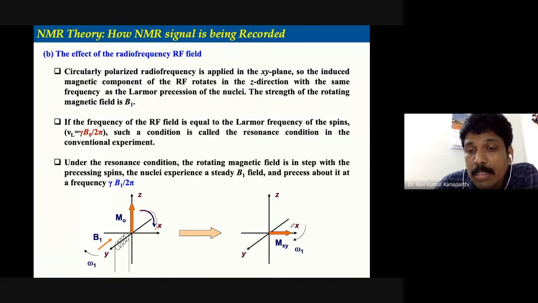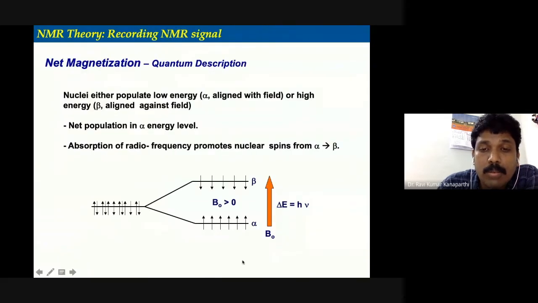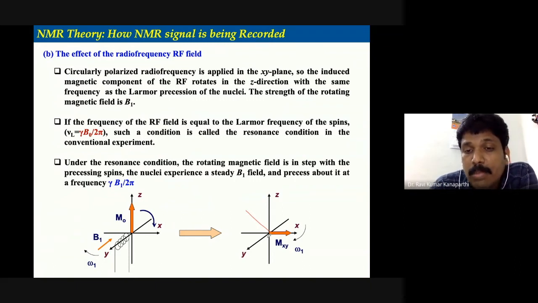Well, it is possible that you can also tip this net magnetization vector even along the minus z-axis, or even think of the 270 direction. So it depends on certain parameters, based on which the net magnetization vector can be made to precess at any angle.